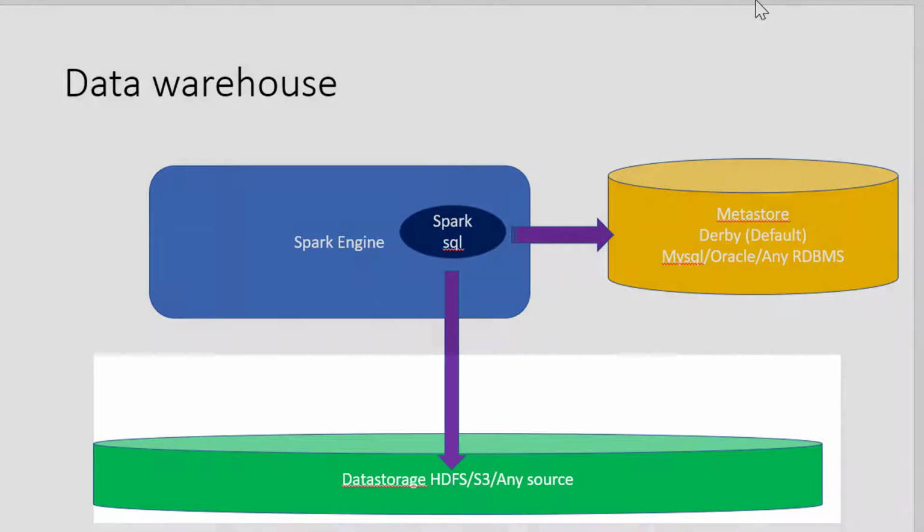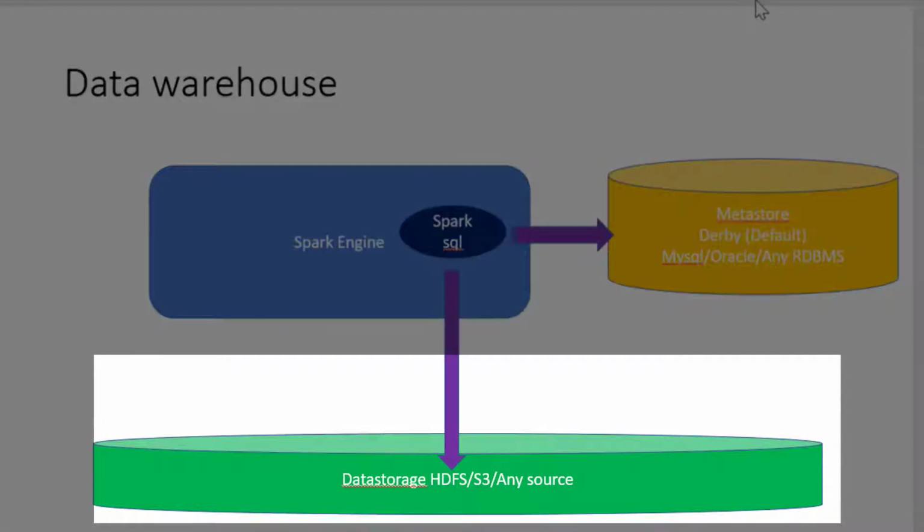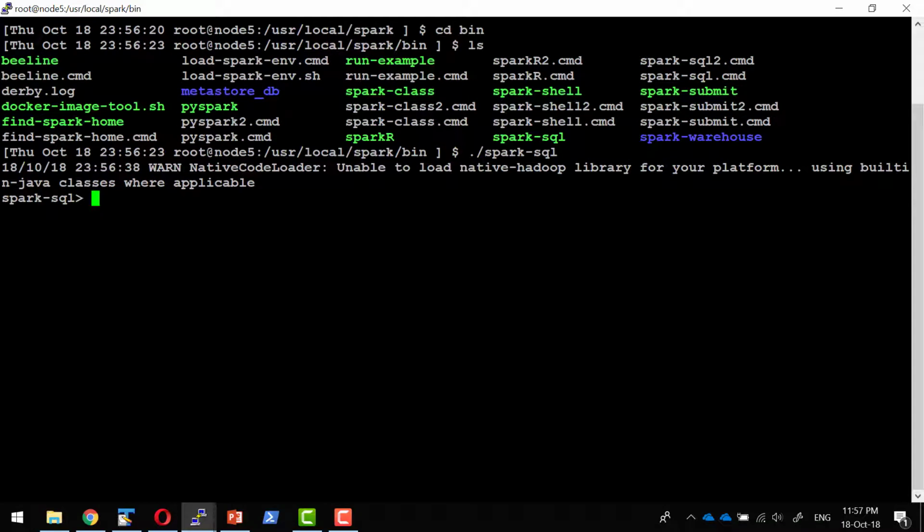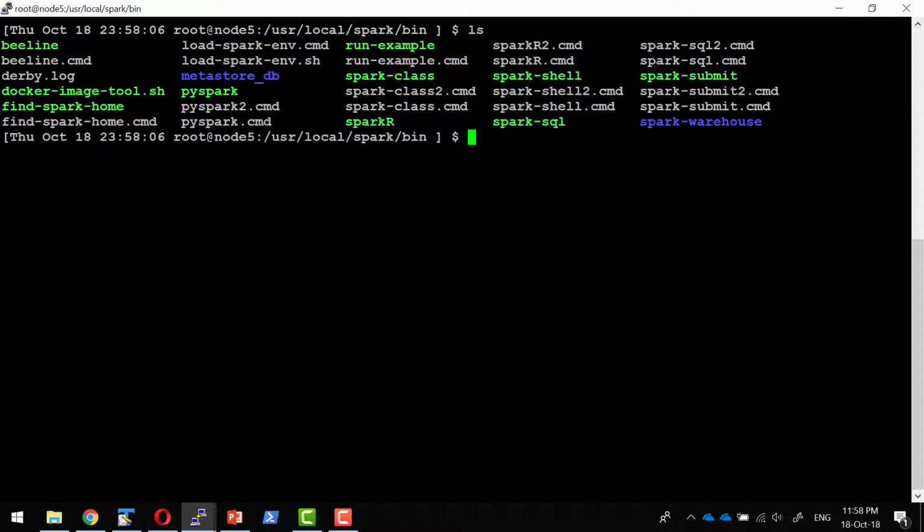And the actual data would get stored within either HDFS or S3, or it could be any storage. Since I have started in the local mode, I have not mentioned any specific location for the data warehouse. By default, it would get started in the same location where I have started the shell, that is within the bin folder. Within bin folder, the metastore would get started, and that would be made with a Derby database.